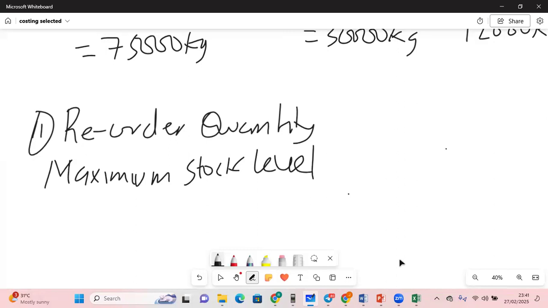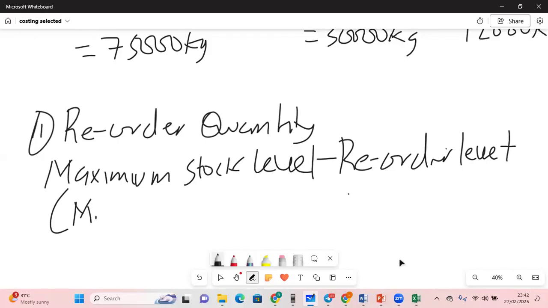So reorder quantity is going to be maximum stock level minus reorder level, then adding, in brackets, minimum usage times minimum lead time.